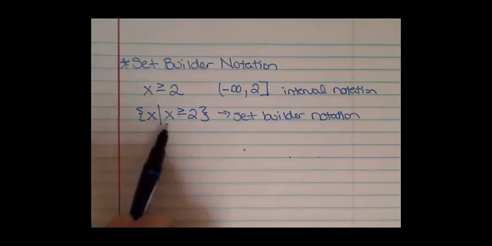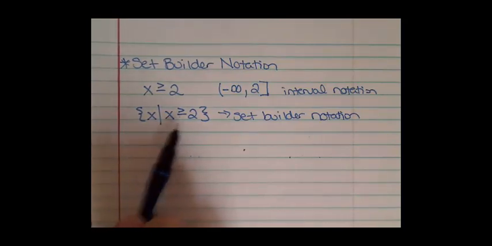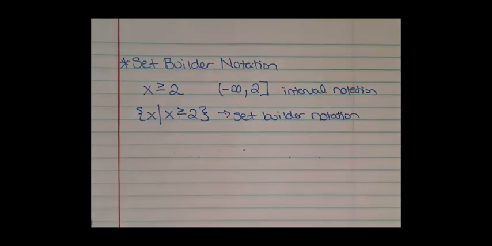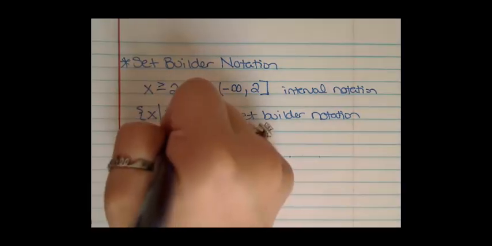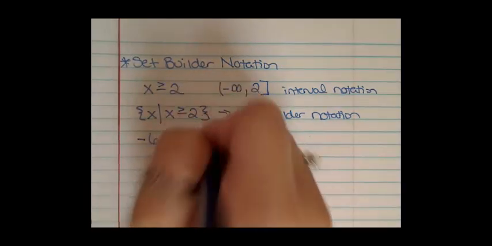So, let me go back and find one. If we were doing negative 6 is less than or equal to x, which is less than or equal to negative 1. This was a previous example, and we determined that our interval notation was this. We need to do our set builder.